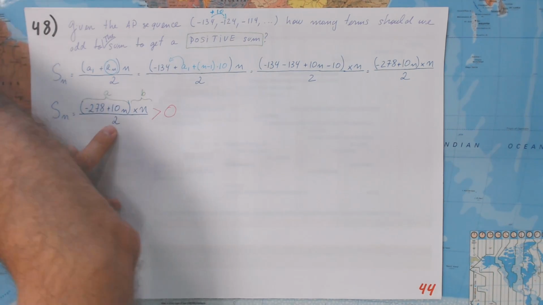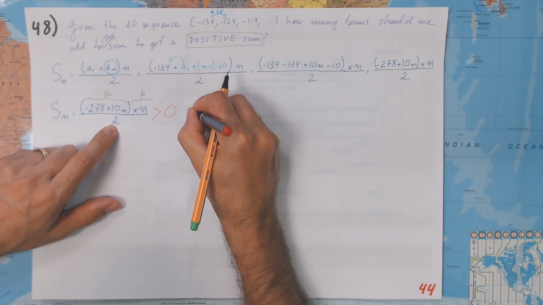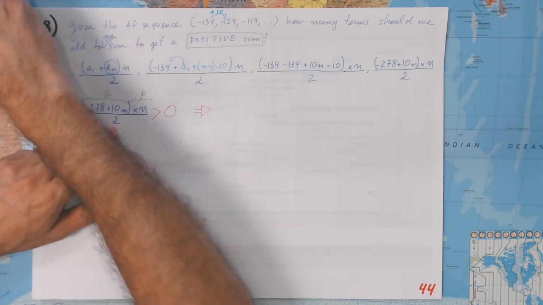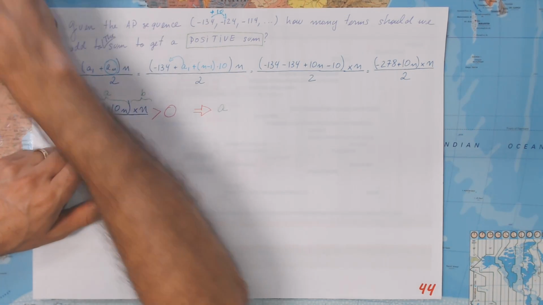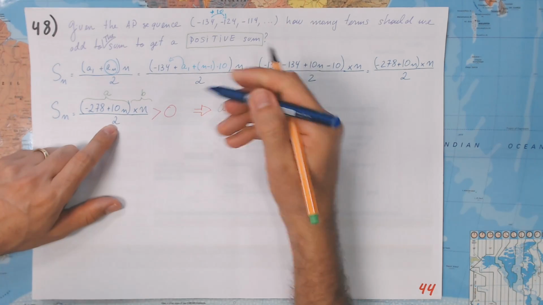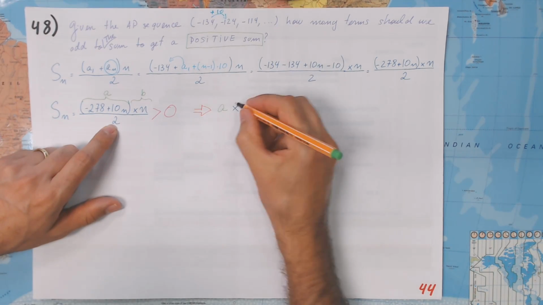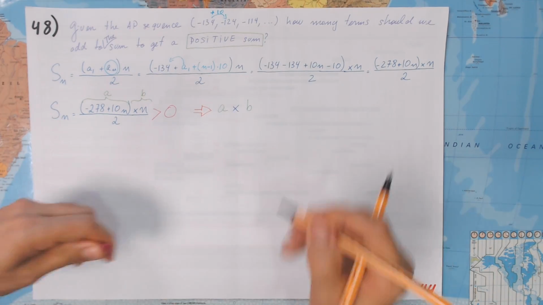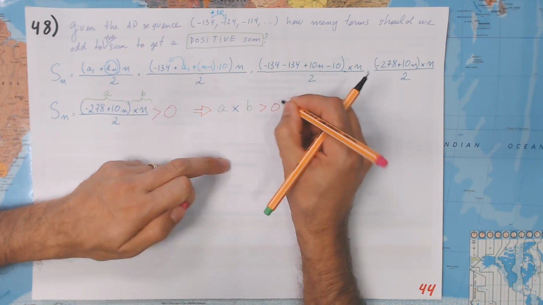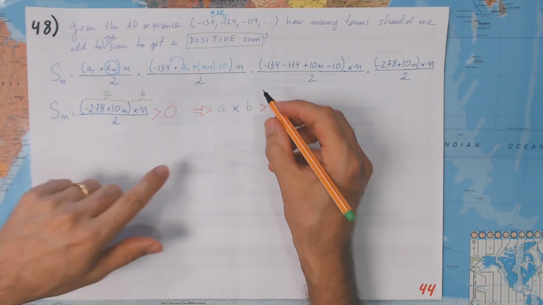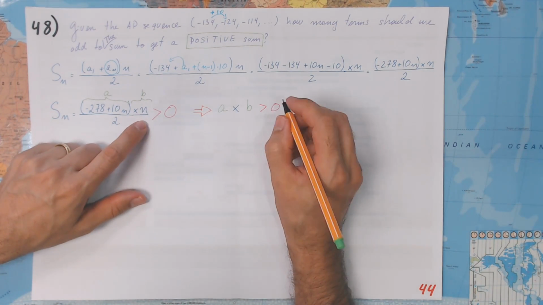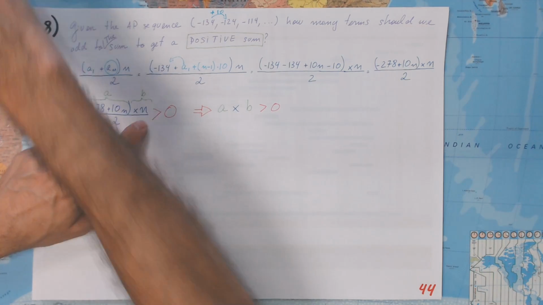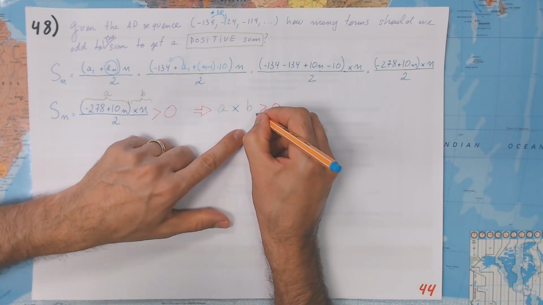Now, what I want you to think about is this: A times B, and that must be greater than 0. Well, B is just n. I know for sure that B is going to be greater than 0.